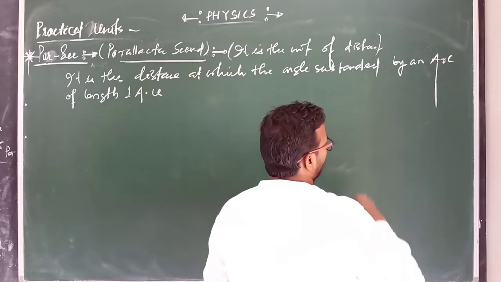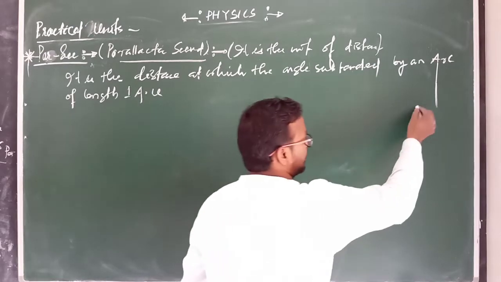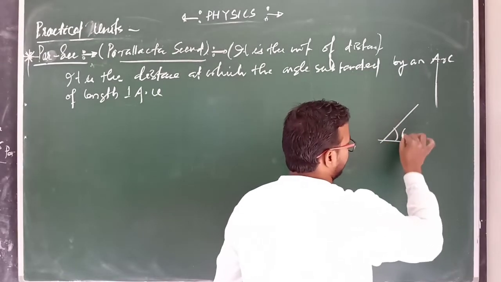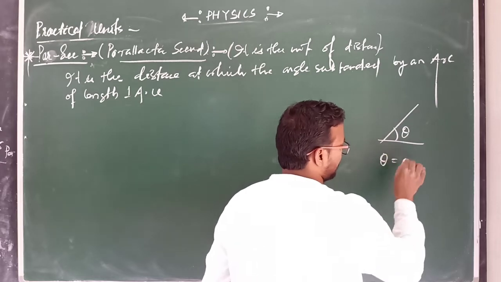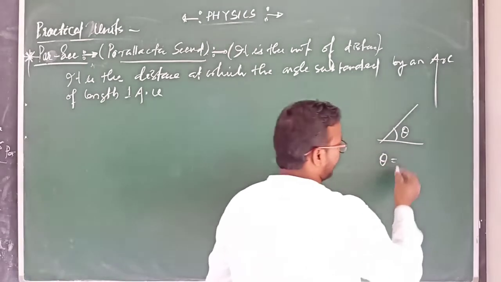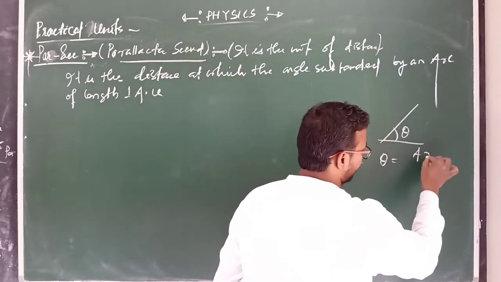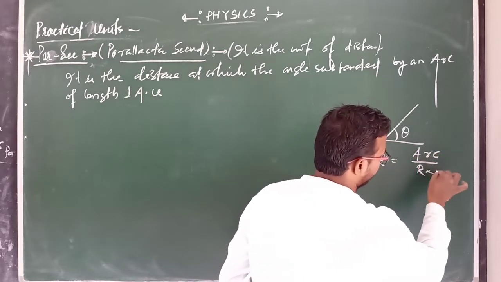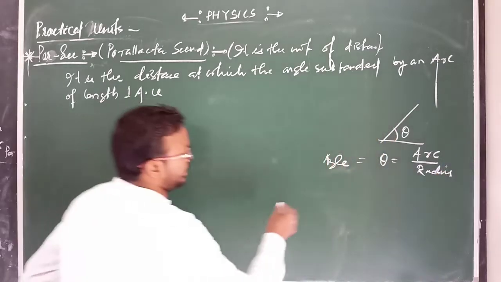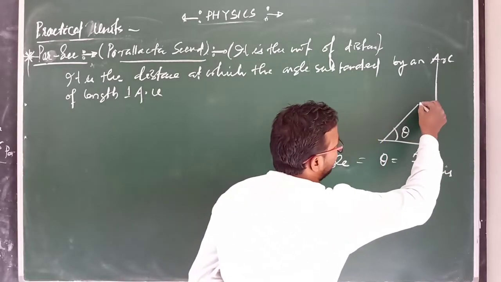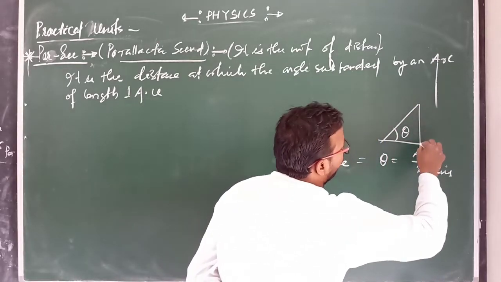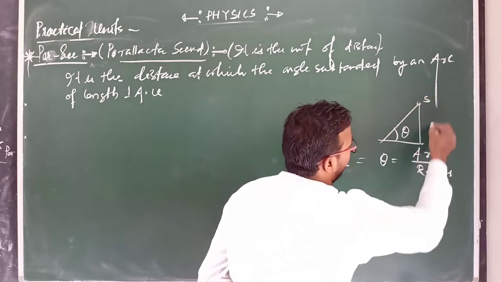We already know how to measure angle. Suppose there are two lines and this is theta, which is known as angle, and angle can be written as arc upon radius.